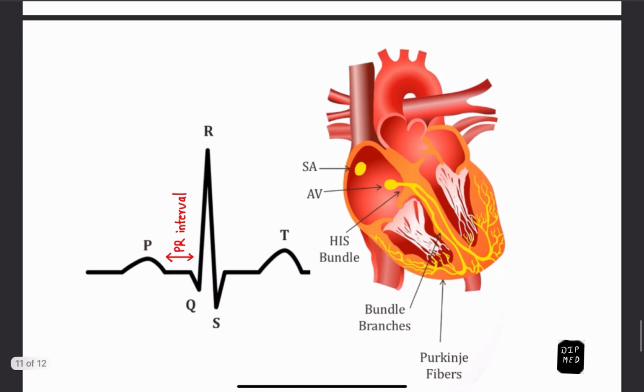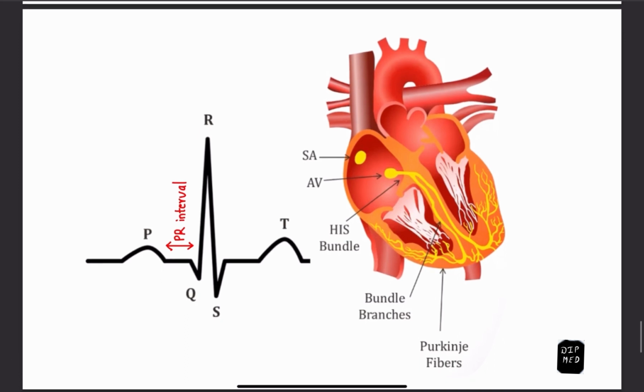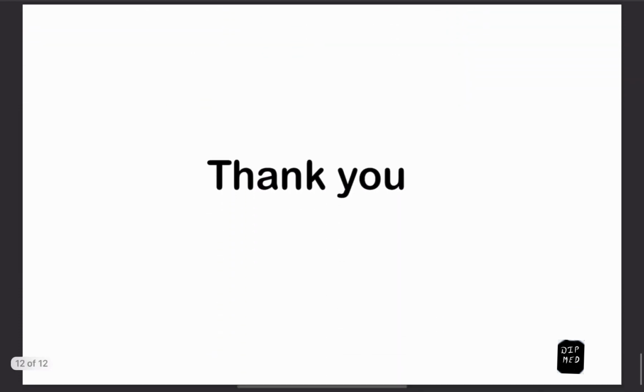And if we go back to this picture, the PR interval is because the electrical signals have to travel through the AV node, bundle of His, bundle branches and Purkinje fibers before finally reaching the ventricles and depolarizing them. Most of the PR interval is due to the AV node because it is where the conduction velocity is slowest. So that's it for ECG part 1.